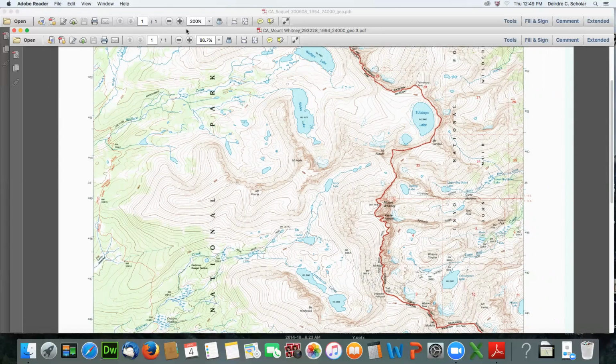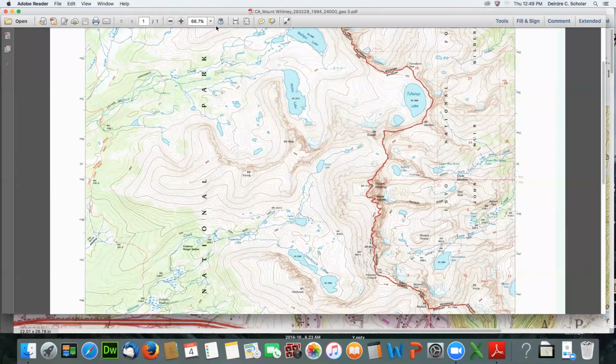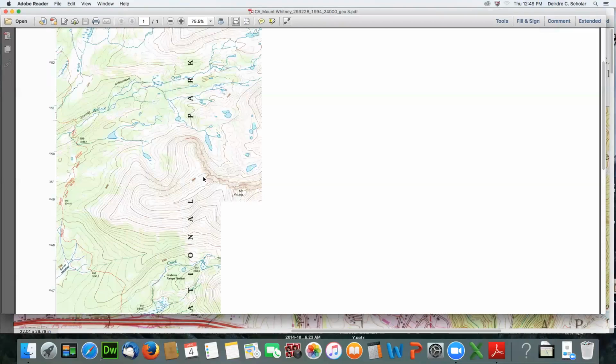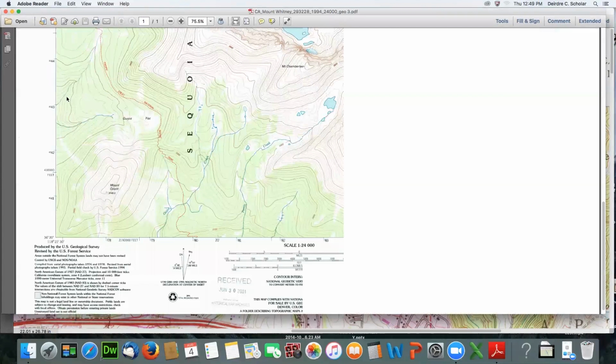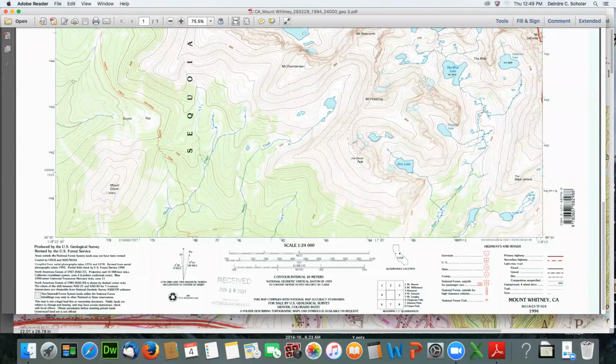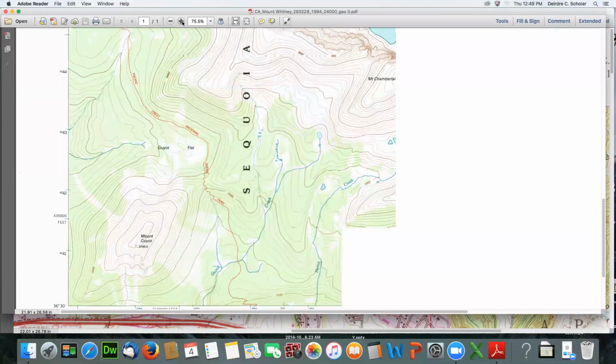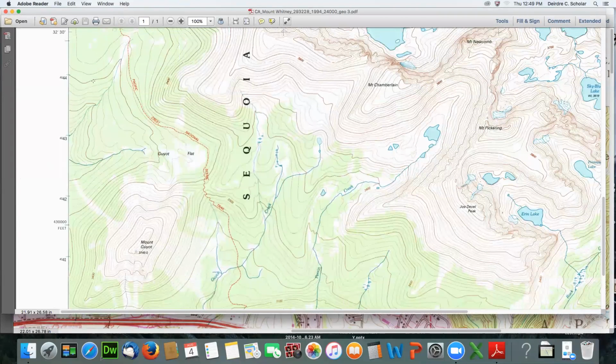So we're going to look for some streams, and I'm going to zoom in here on the Mount Whitney quad. I'm just going to look at this stream right in here in the southwestern region of the map. It doesn't actually even have a name, this waterway, but I know it's water. It's a blue line.